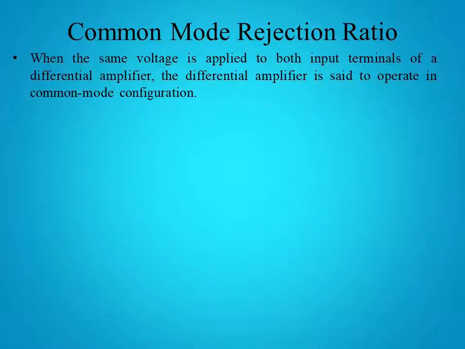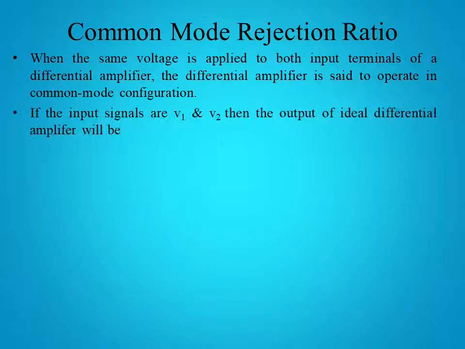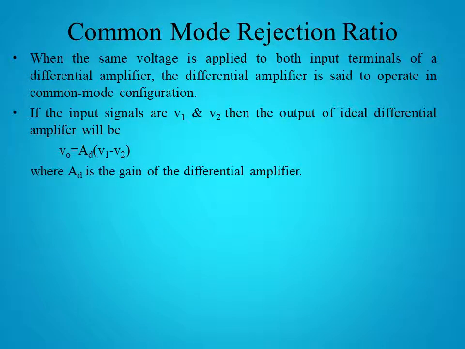When the same voltage is applied to both the input terminals of a differential amplifier, the differential amplifier is said to operate in common mode configuration. If we consider two input signals V1 and V2 applied, then the output of an ideal differential amplifier will simply be V0 equals AD times V1 minus V2, where AD is the gain of the differential amplifier.